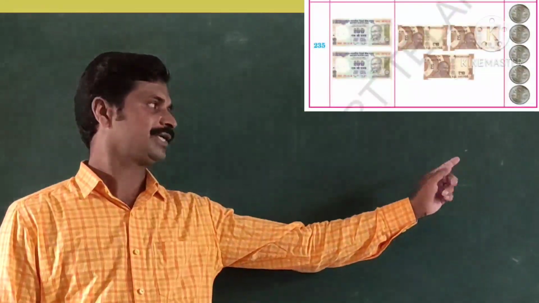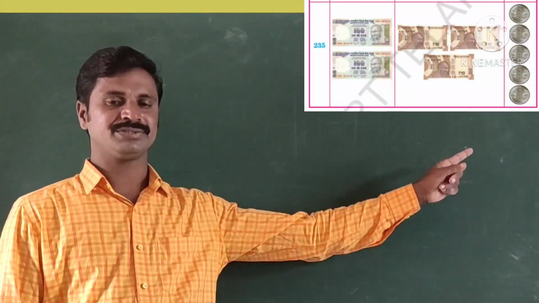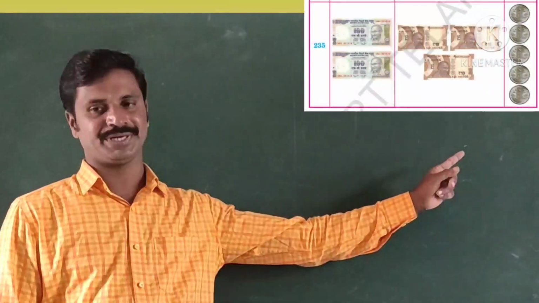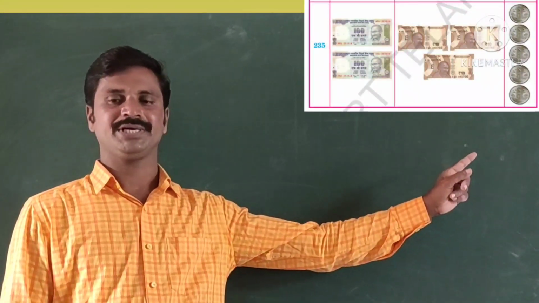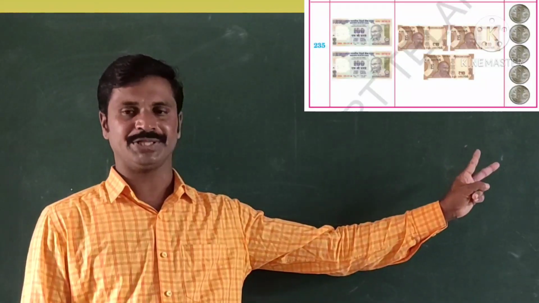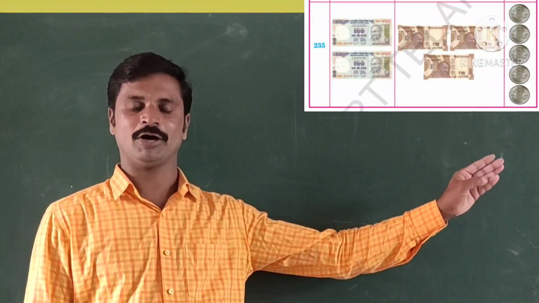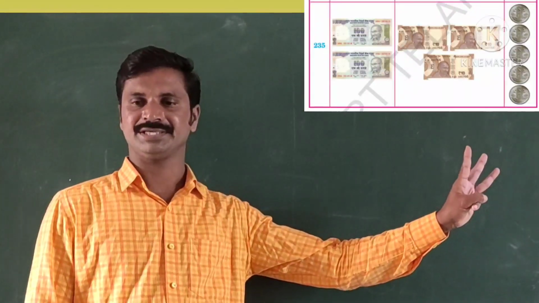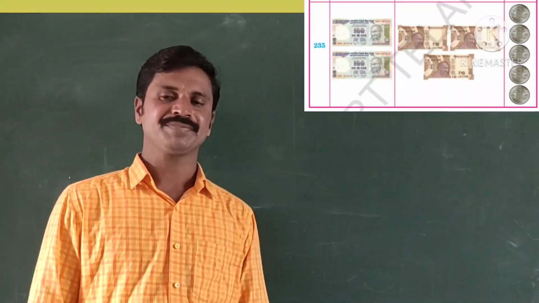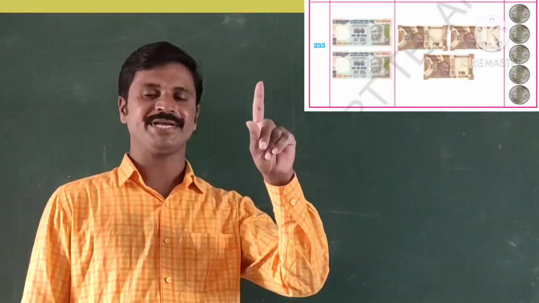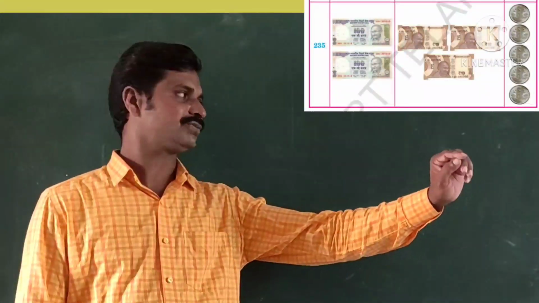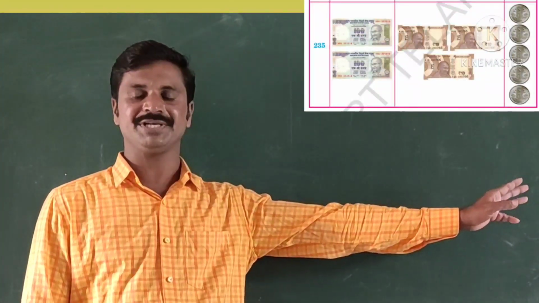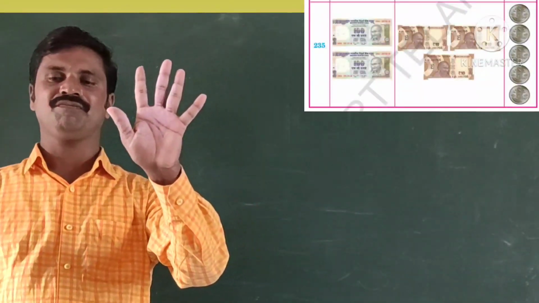And also you see another picture here. How many hundreds are given here, children? Very good. Here 200s are there. And how many tens are there? 3 tens are there. How many kinds are given here? 5 kinds.